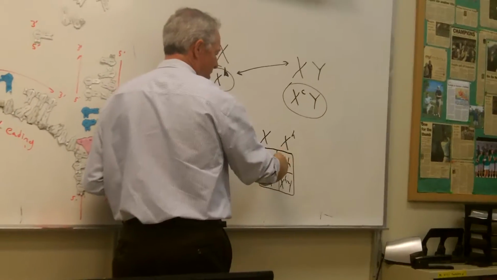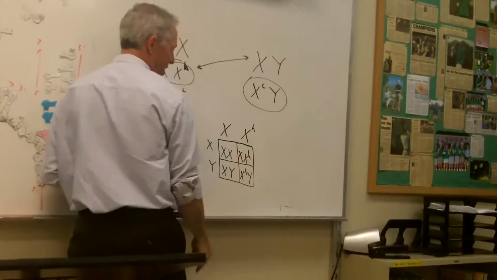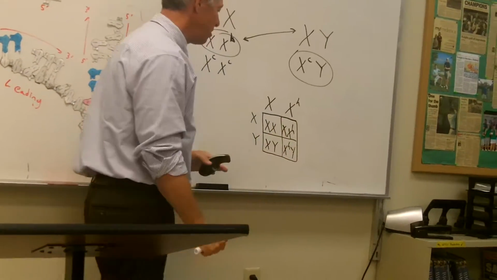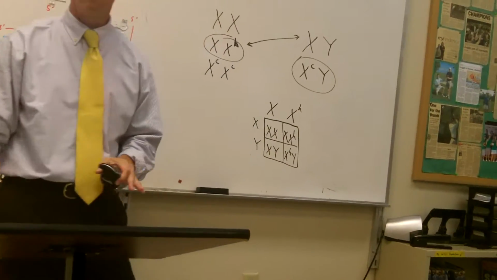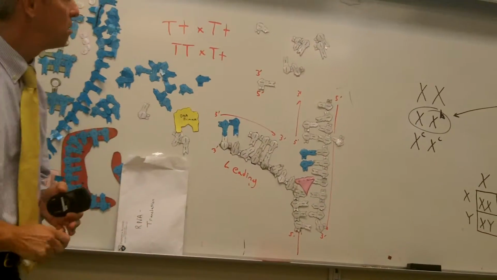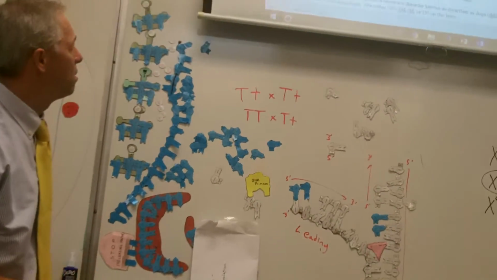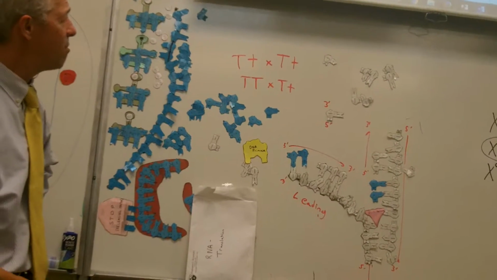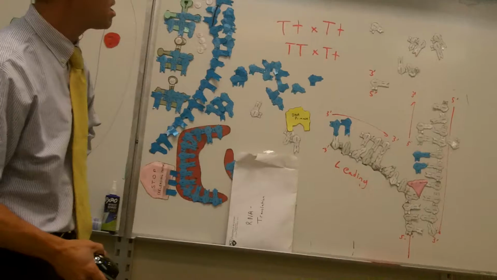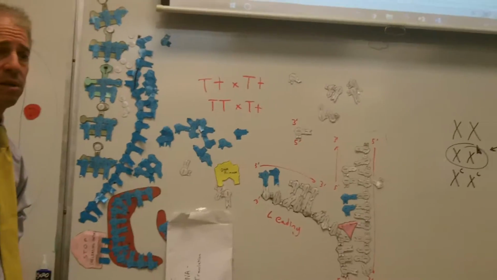None of the females have it. 50% of the males have it. Or you could say 25% of the kids have it. Ten is done kind of the same way. You got to use X's and Y's. So when you see sex link, you got to use X's and Y's.